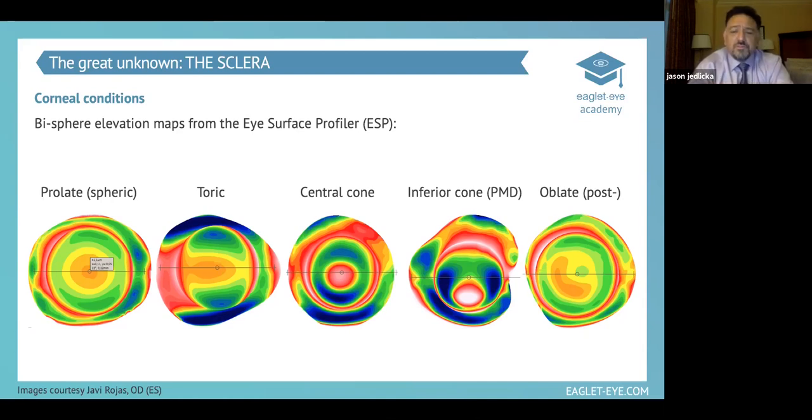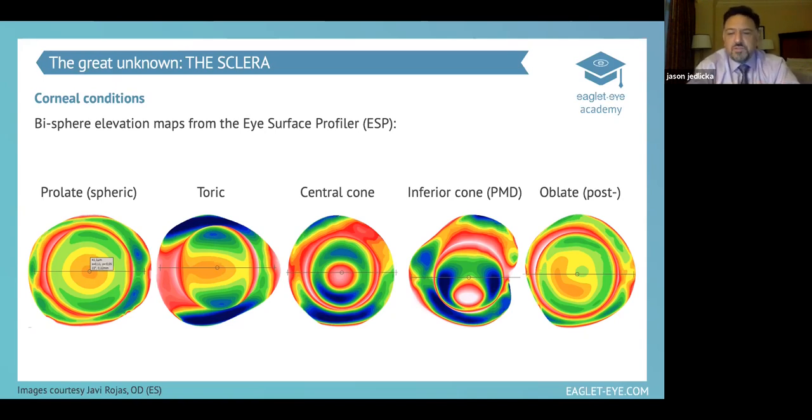As we move into patients with, say, central keratoconus in our central picture, we see now an increasingly irregular scleral shape. Very steep at the bottom of the sclera, much more elevated above at 1 to 2 o'clock, and then again over at 9 to 10 o'clock. So we have focal areas of elevation, focal areas of depression without much of a pattern.